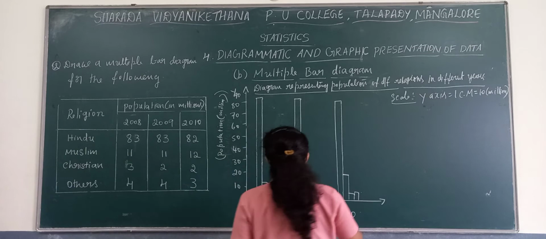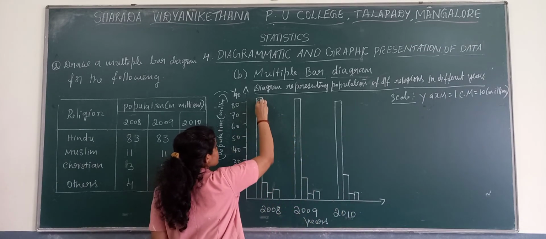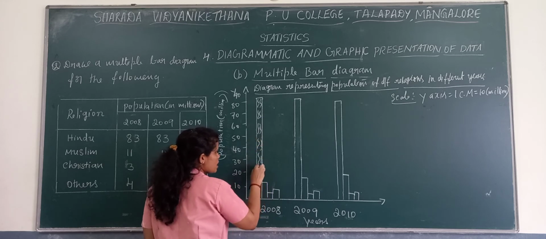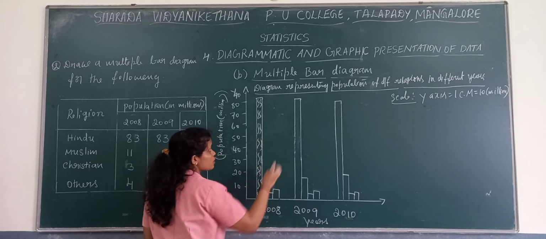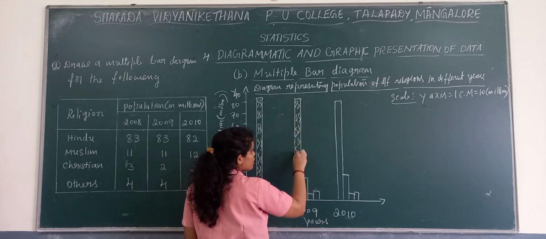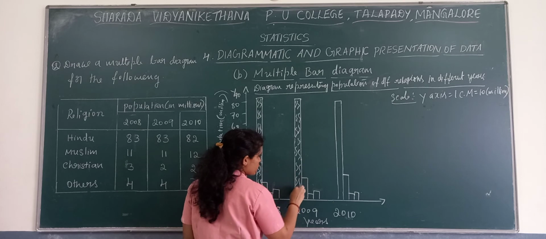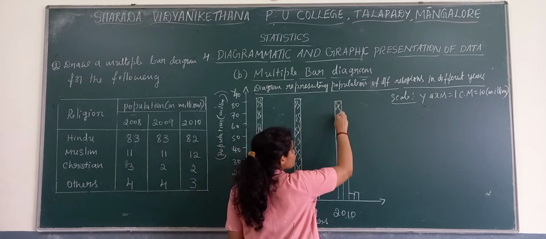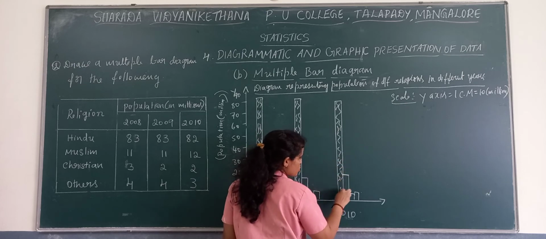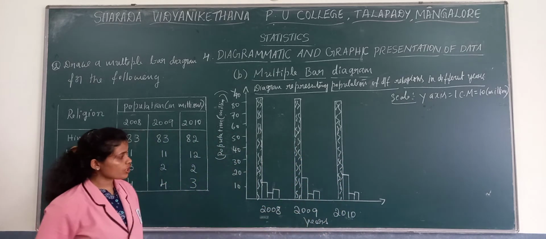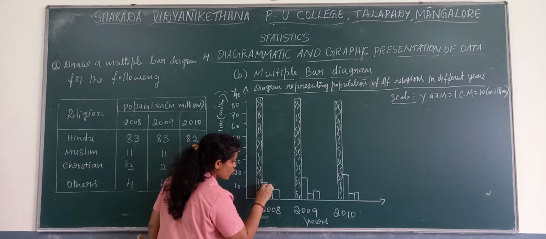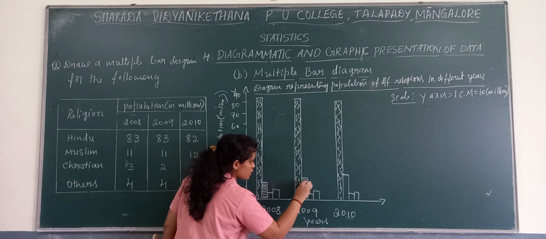Now what we need to do? Now we have to shade this information. Different shades we have to give. This is the Hindu population in different years. Now other shades we need to give to different years.